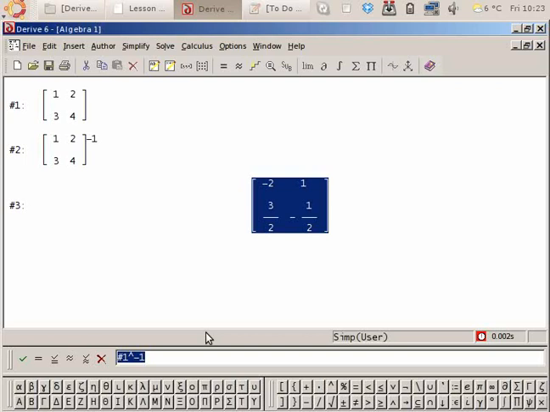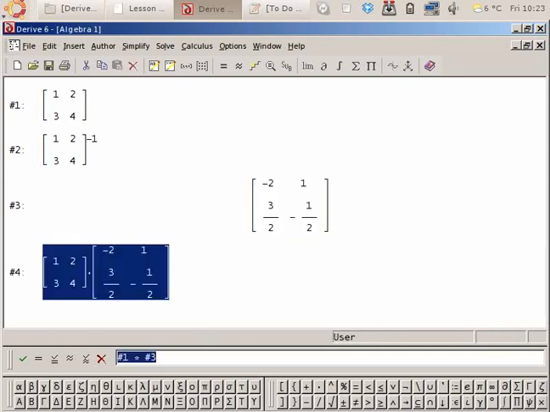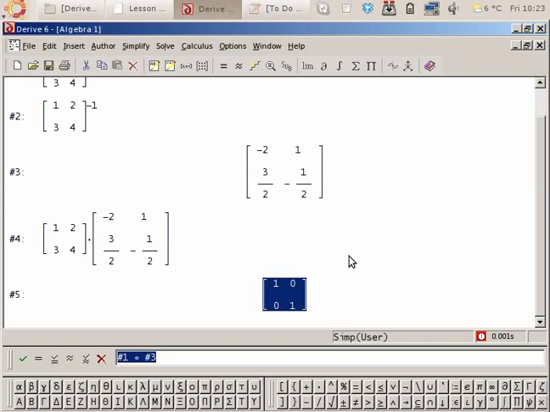Now, how can we check that this is right? Well, if we multiply this by our first matrix, the answer should be 1, 0, 0, 1. So what we type in now is line 1 multiply line 3, enter, and then equals. So line 1 multiply line 3. So you want to multiply your two matrices.